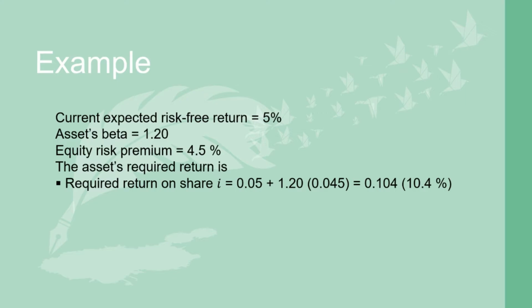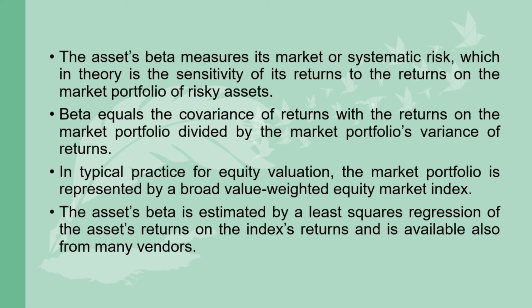For example, assume that the current expected risk-free return is 5%, the asset's beta is 1.2, and the equity risk premium is 4.5%. Substituting the values into the equation, we get the required return on the share, which equals 0.104 or 10.4%. The asset's beta measures its market or systematic risk, which in theory is the sensitivity of its returns to the returns on the market portfolio of risky assets.